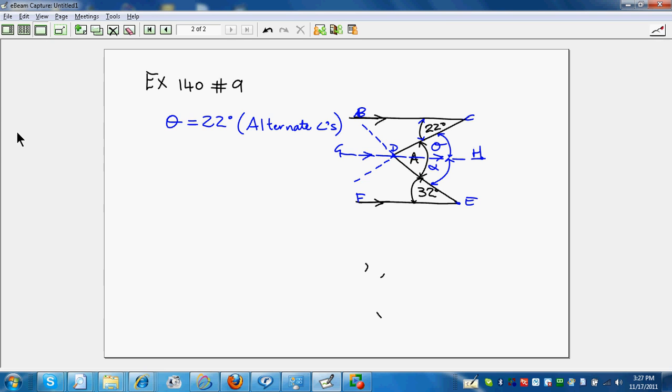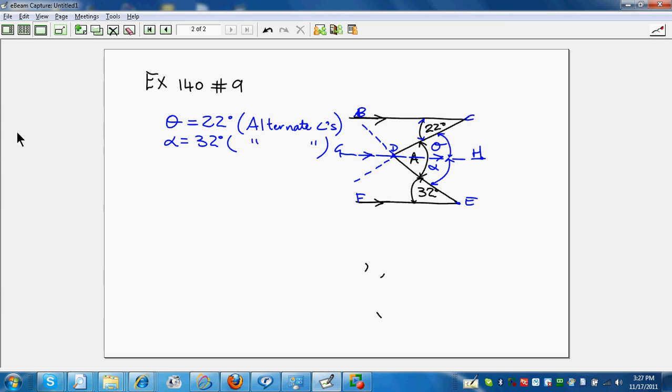So what we are saying is that the angle 32 and alpha are alternate angles as well. So alpha will be equal to 32 degrees, and again that's because they are alternate angles.